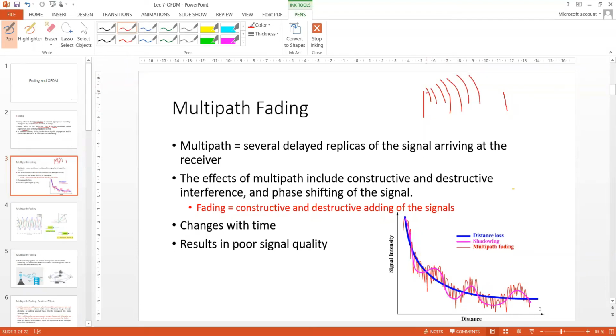In other words, the signal that is traveling between the transmitter and receiver module will take several paths while moving from the transmitter side towards the receiver side.